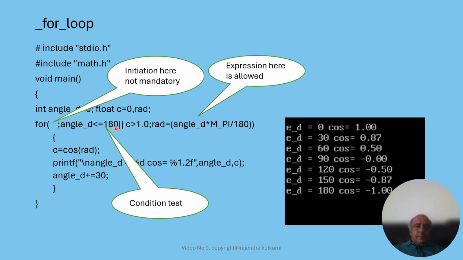Output of the program, angle in degrees, it starts with 0, goes on incrementing by 30. When the angle becomes 180, when it increases, it reaches more than 180, the loop terminates, and these are the values given by the cosine function which are displayed on our screen.